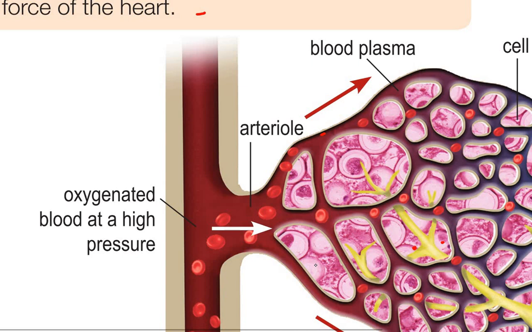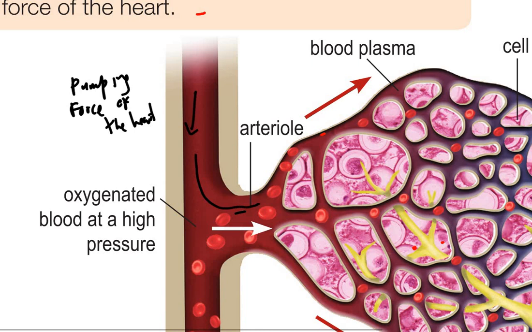So we have blood here, right? So this is the blood. So blood flows here because of the pumping force of the heart. So it will make the blood flow. And then the blood will reach here at the arteriole.